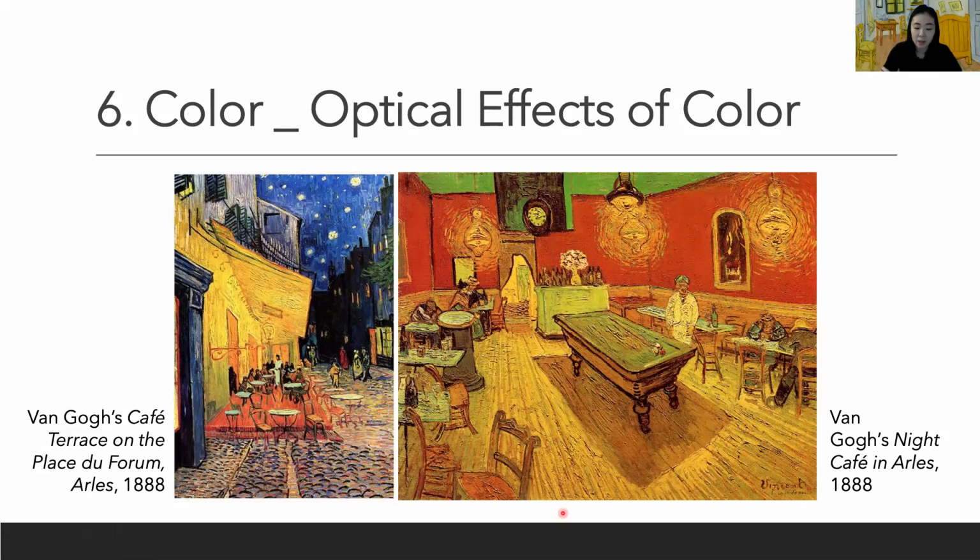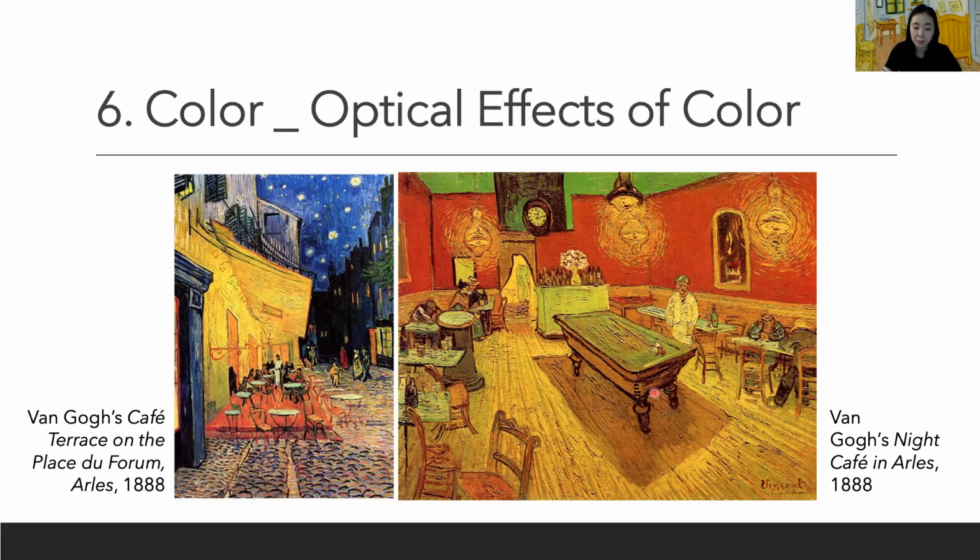And let's look at the right image. Which colors did the artist use? Green and orange. Green and orange, perfect. Very good. So the ceiling and all the tabletops are greenish color.